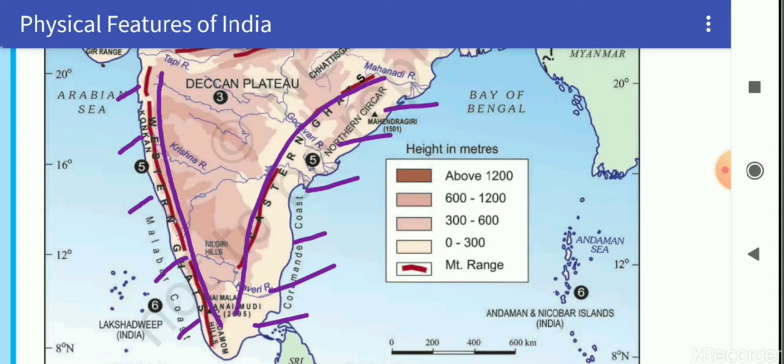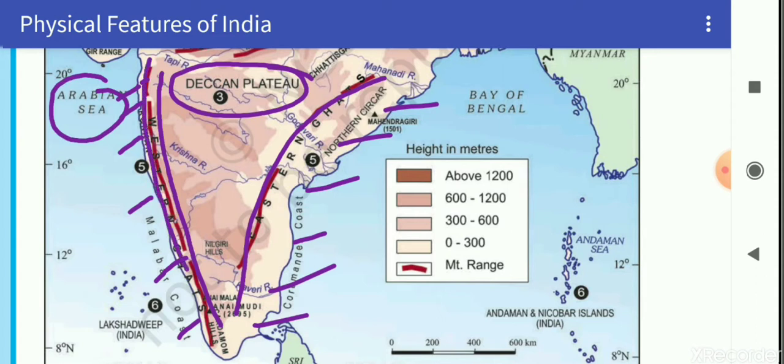First of all, you know that on the western margin of the Deccan Plateau, as you know this is the Deccan Plateau and this is the western margin, stretches the western coastal plain running along the Arabian Sea. This is the Arabian Sea, and just here as you see this part is mainly known as coastal plain.